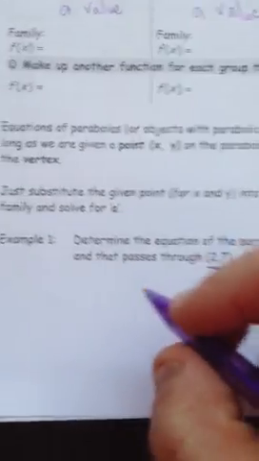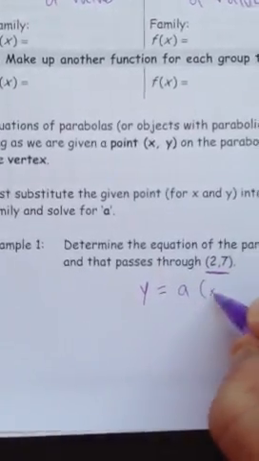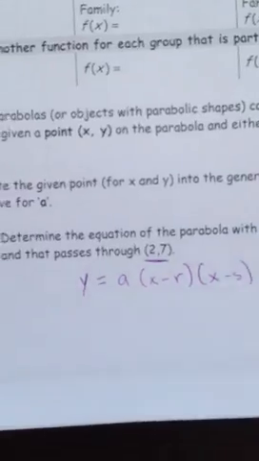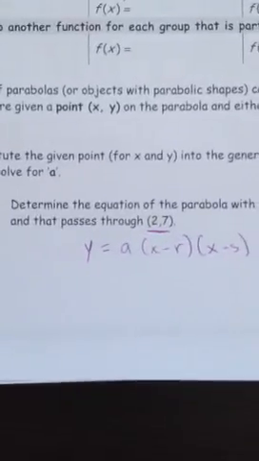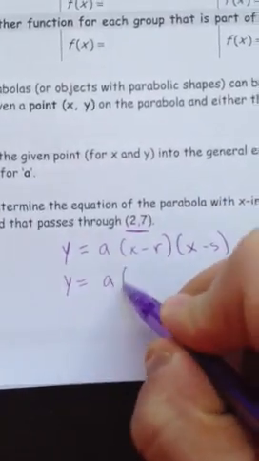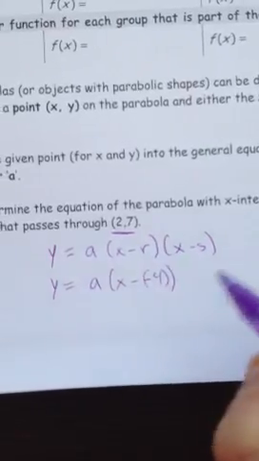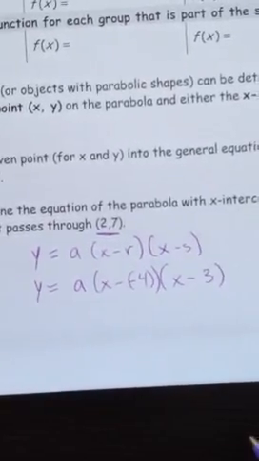We already know that a parabola in x-intercept form is written this way, and they're giving us the two x-intercepts of -4 and 3. I don't know what my a value is, but this is going to be x minus my first x-intercept, which is -4, and then x minus my second x-intercept, which is 3.